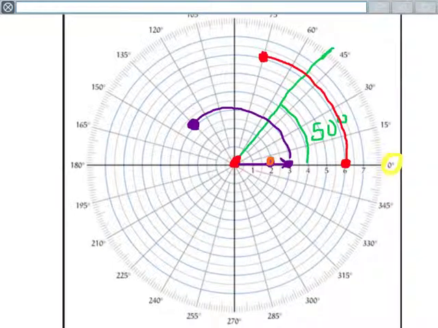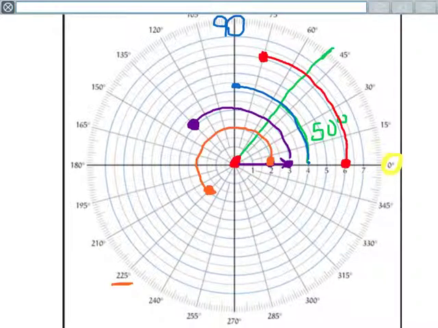Let me change colors. So I'm going to follow, this is 90, this is 180, and 225 is going to be here. Notice I'm following my numbers out here. Now, what do you need to know? You need to know, before we begin, that from 0 degrees to here is 90.